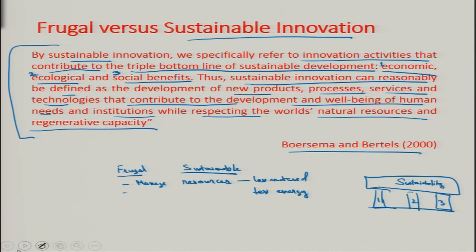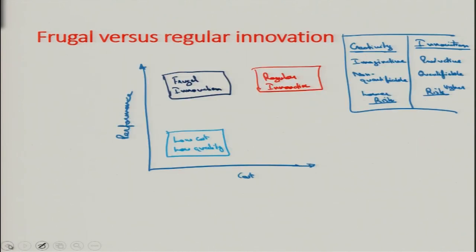The cost, if even some material is used, or a process that has a little more cost associated with it, I can put it here. This is regular innovation, I can put sustainable innovation here. This is SI. Sustainable innovation can be high cost, it could be low cost as well, but it is having equivalent performance.